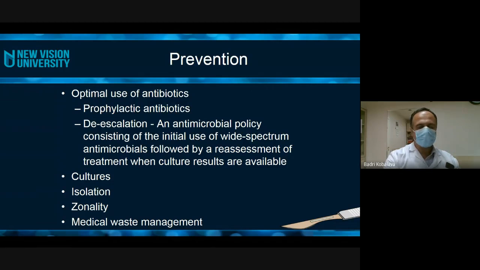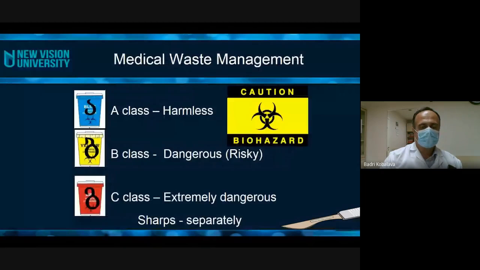And medical waste management. All the medical waste is classified. A class, it is the Georgian A. B, and the third letter in the Georgian alphabet is G. So ABC. Blue color containers are for harmless medical waste. Yellow containers are for dangerous or risky waste.